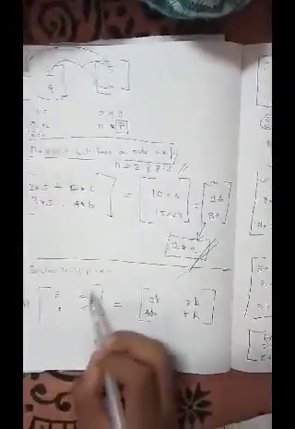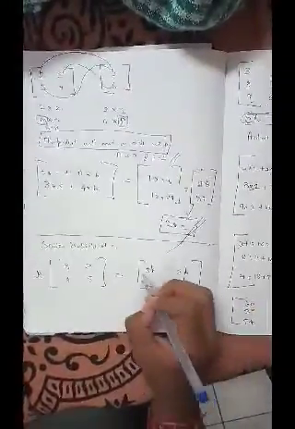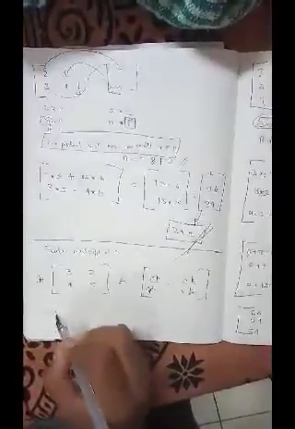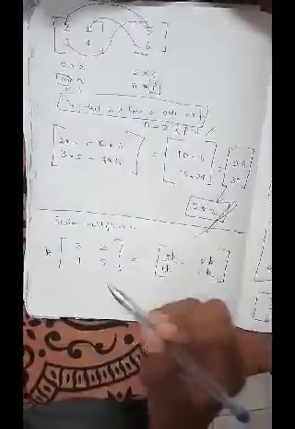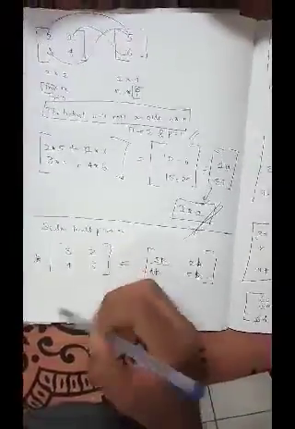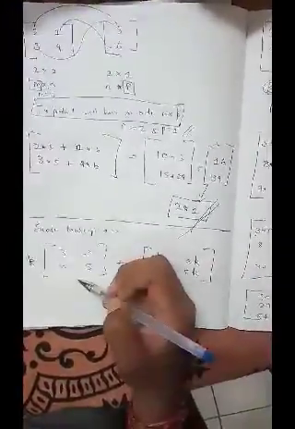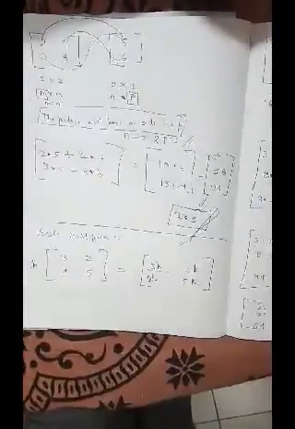The scalar quantity gets multiplied with each and every element of the matrix, and hence you get a new matrix with each element multiplied by the scalar quantity. This similarly applies for every other matrix. It even applies for a 3 into 3 matrix and any other matrix, even if the matrix is not a square matrix.